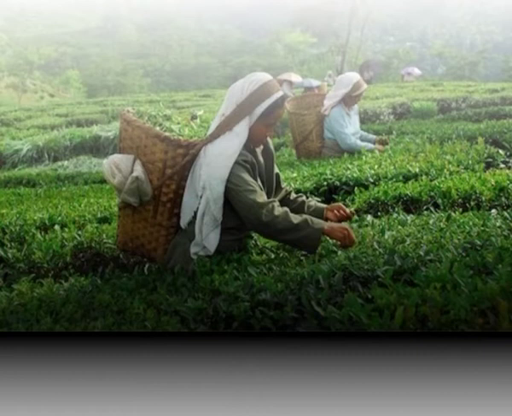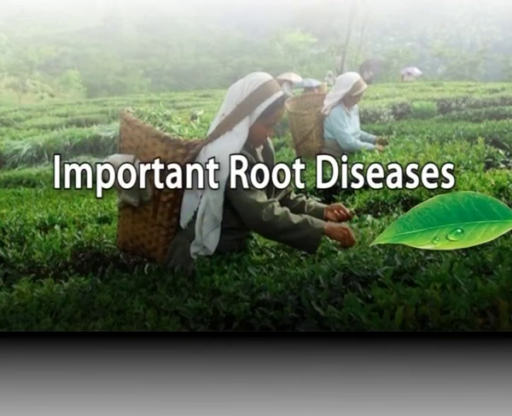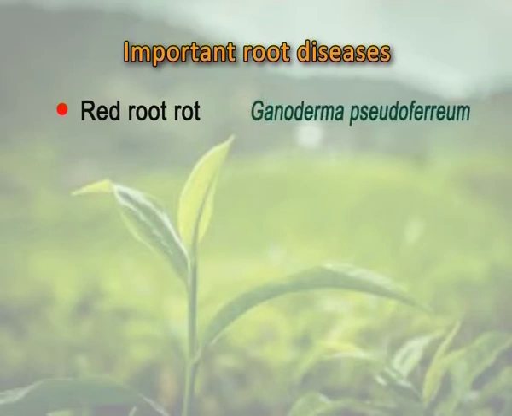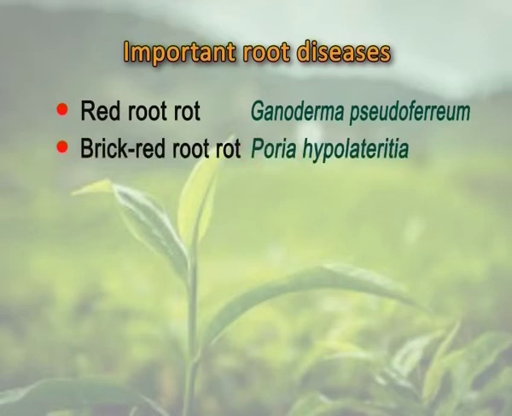Now we will discuss some important root diseases and their causal pathogens. Red root rot is caused by Ganoderma pseudoferreum. Brick red root rot is caused by Poria hypolateritia.